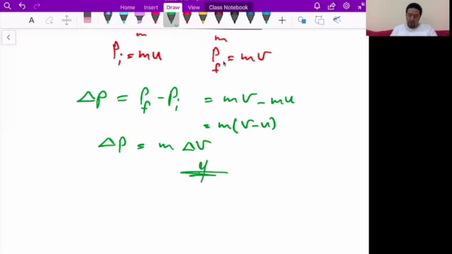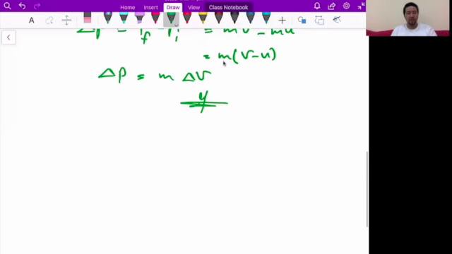If we are going to calculate the force causing this motion, how are we going to find the force? According to Newton's second law, it has another statement related to the change in momentum. This statement says that the resultant force acting on a moving object equals the rate of change in momentum.